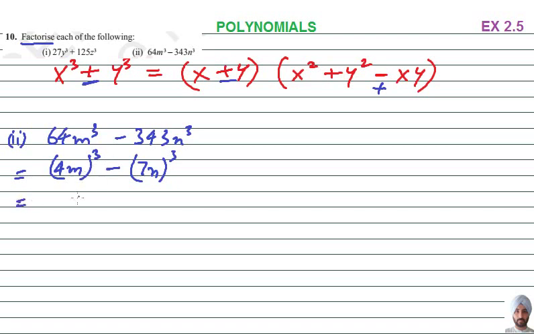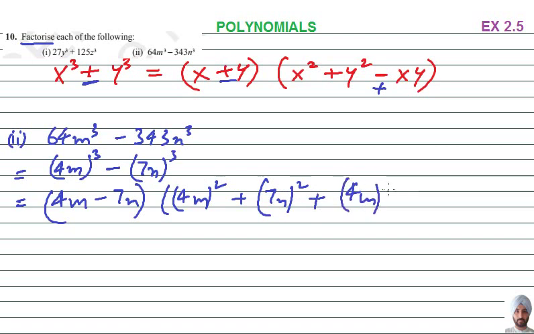a cube minus b cube is a minus b, see here, a minus b, or x minus y, times x square plus y square plus xy. It should be plus. Why? Because here it is minus, so it should be plus here.